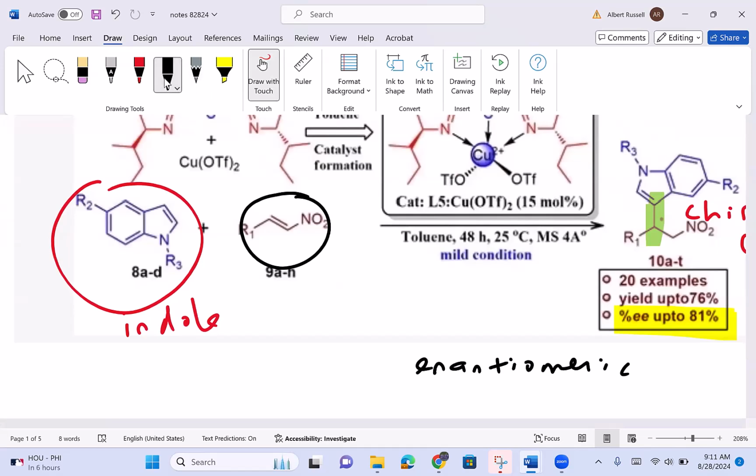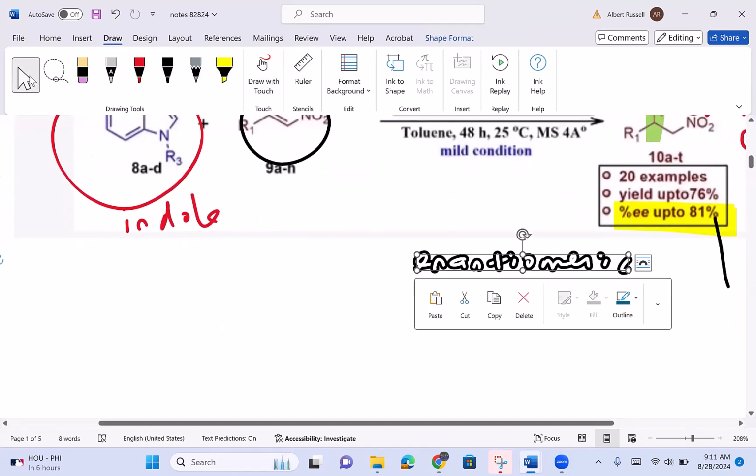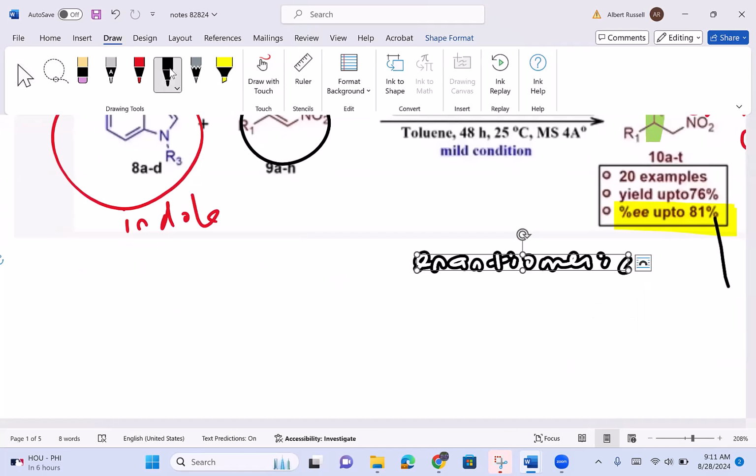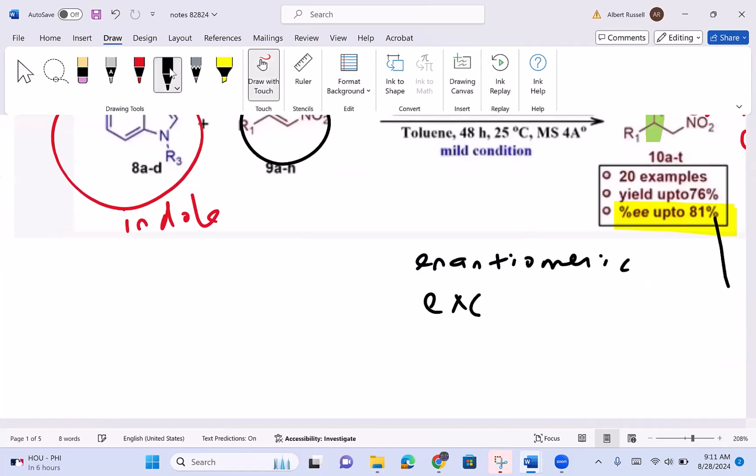Let's write it underneath. Right, enantiomeric excess. So that's basically a ratio of the enantiomers. In this case, if it's 81% EE, that would be roughly a 90 to 10 ratio of enantiomer.